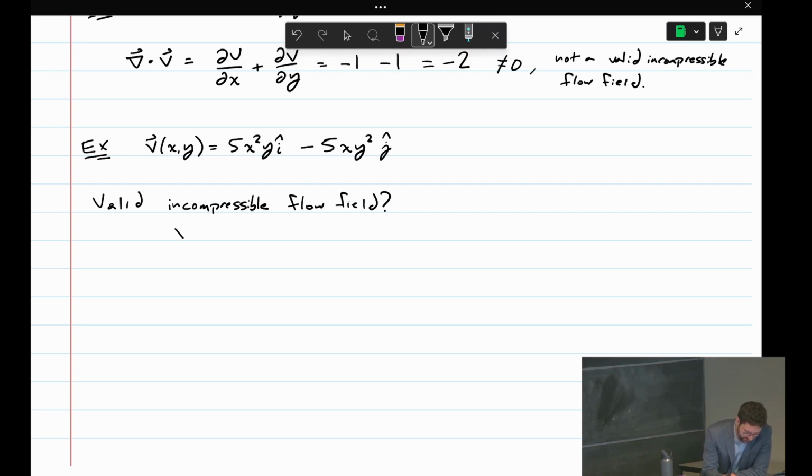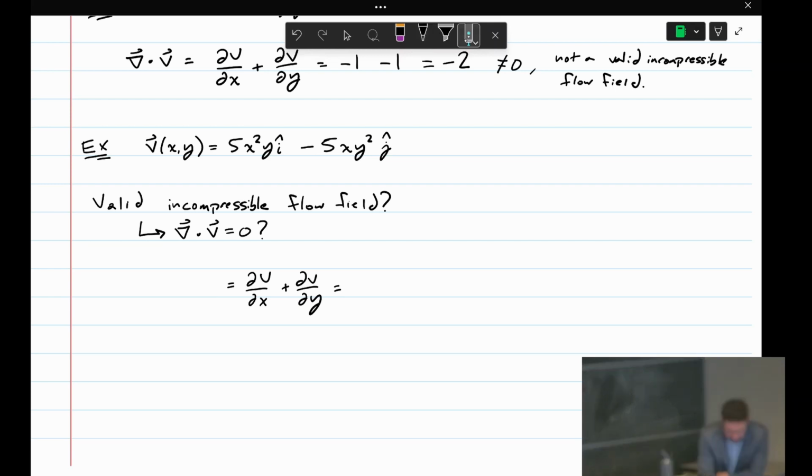In order to answer that, again, we're just going to check the divergence of the velocity field, which is partial u partial x plus partial v partial y. So can someone help me? So this is u. So what is partial u partial x?